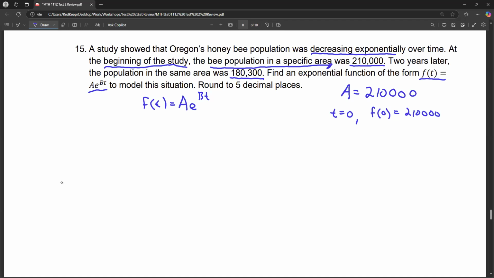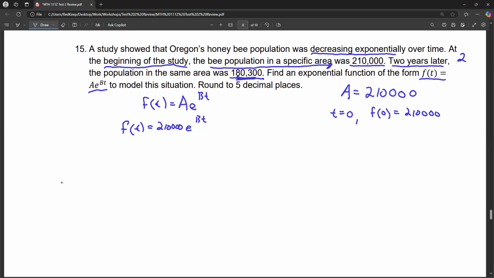Here I'm going to update our equation to f of t is equal to 210,000, that was our A value, and I don't know what B is quite yet. The next bit of information they give us is that after 2 years, so I'm going to say numerical 2, the population in the same area was now about 180,300.